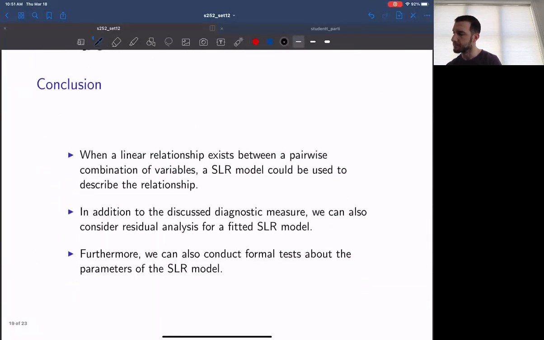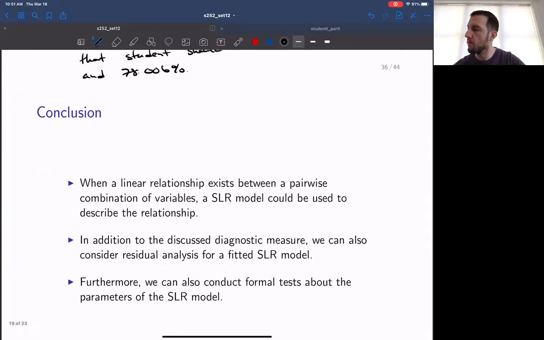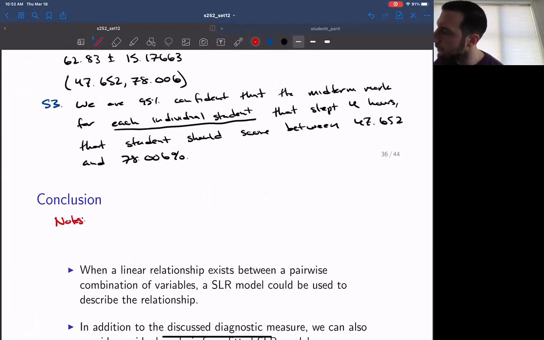Okay, so we have now seen the prediction interval, the confidence interval, and a complete assessment of beta 1 for the SLR model. A few notes to keep in mind going forward.